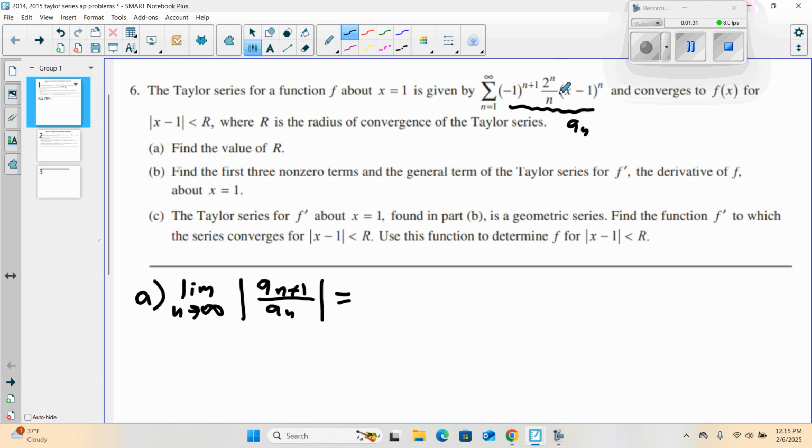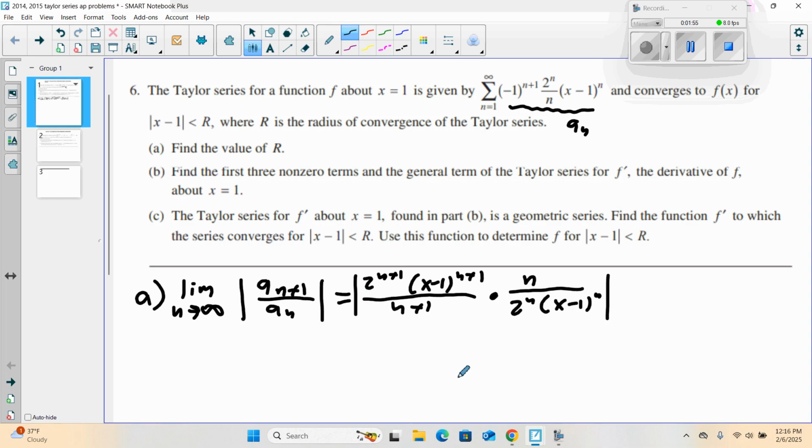So the n plus first term would be 2 to the n plus 1 times x minus 1 to the n plus 1 all over n plus 1. And then the reciprocal of the nth term would be n over 2 to the n times x minus 1 to the n. We want the absolute value of that. And then we just want to simplify this as much as we can.